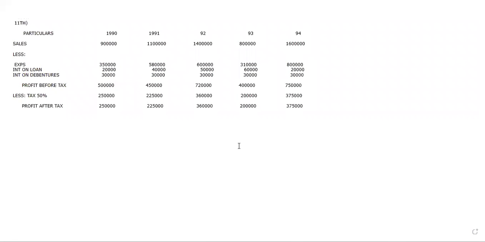We have written them down. Before that, let me go for drawing the lines, so that it will be easy for you.